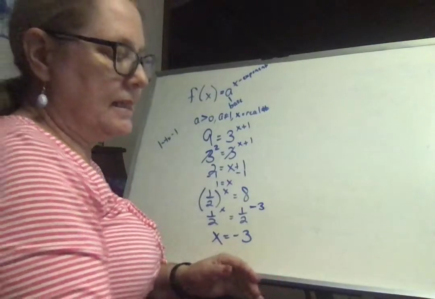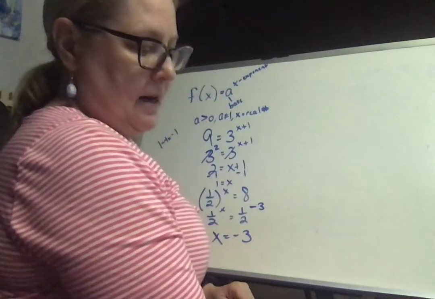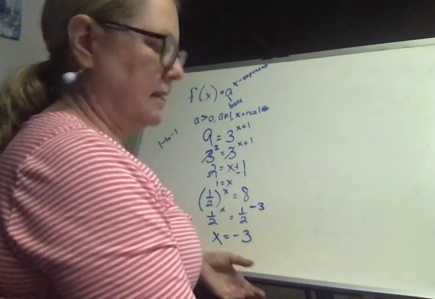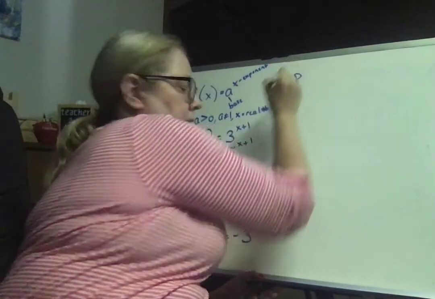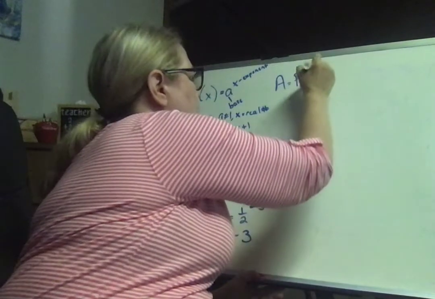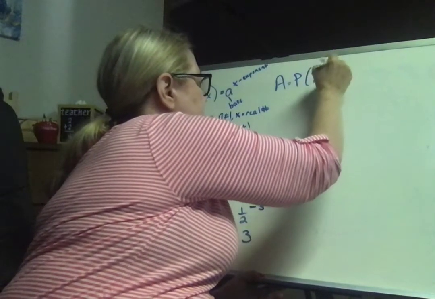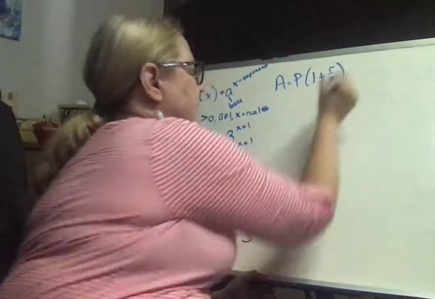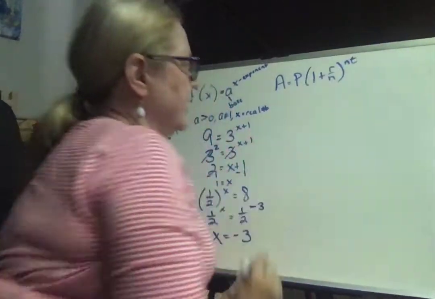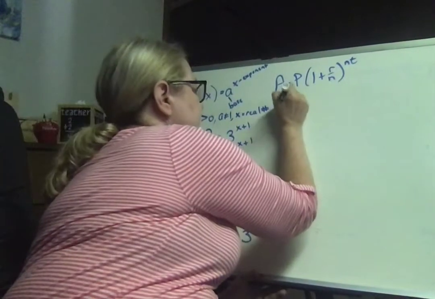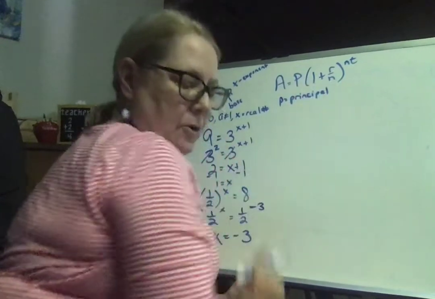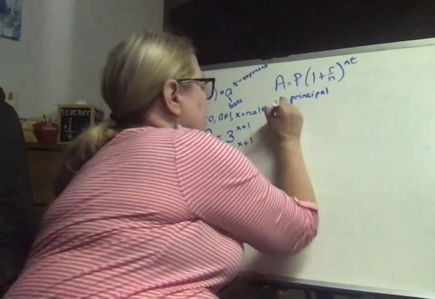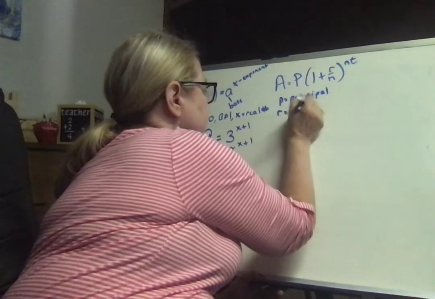The other topic is investing money. And you'll have two formulas. A equals P times 1 plus r over n to the nt. There's the exponent. P equals principal, how much you start with. r equals rate.